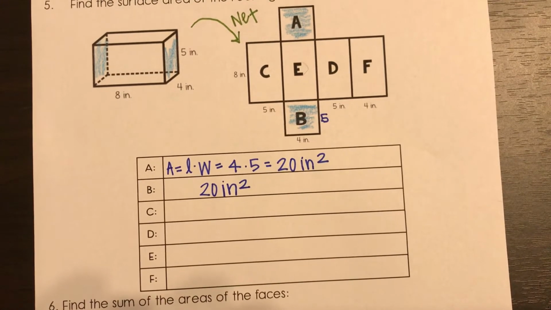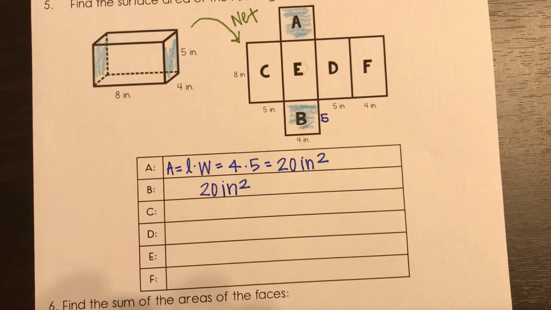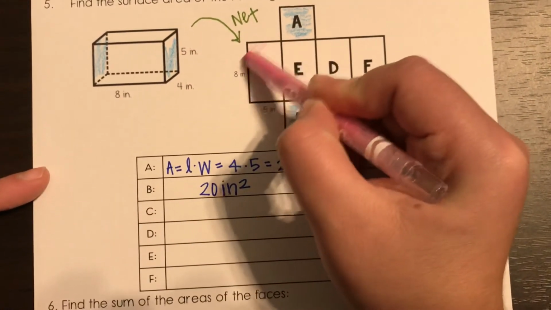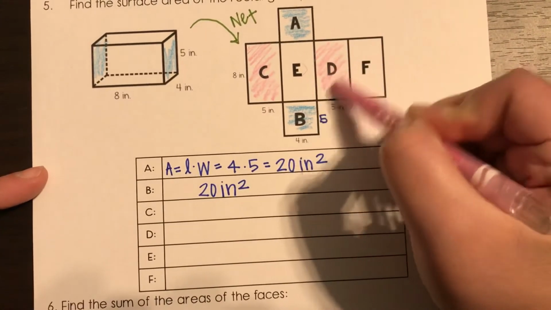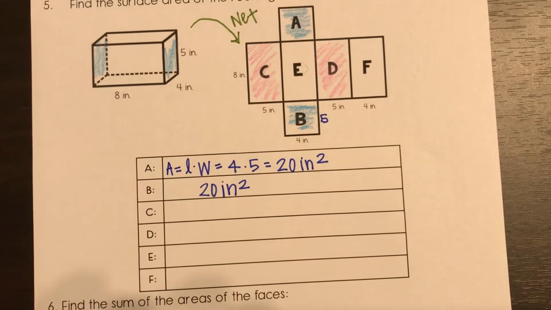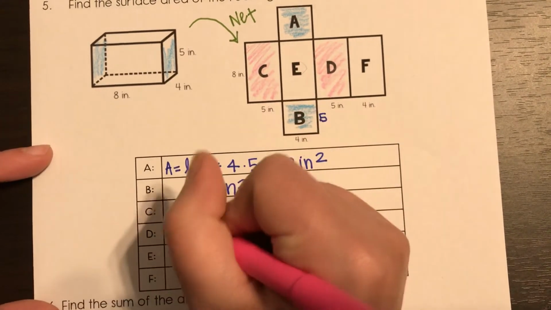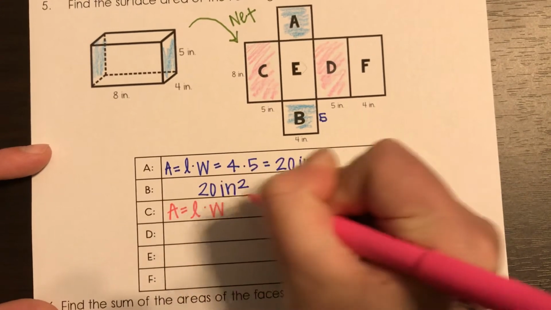Alright, the next thing we're going to have is the other rectangular sides. Once again, some of them correspond because they're congruent. So we have C, and C is actually the same as B. So we're going to focus on that one first. Once again, that shape is a rectangle. So our formula for that is area equals length times width.